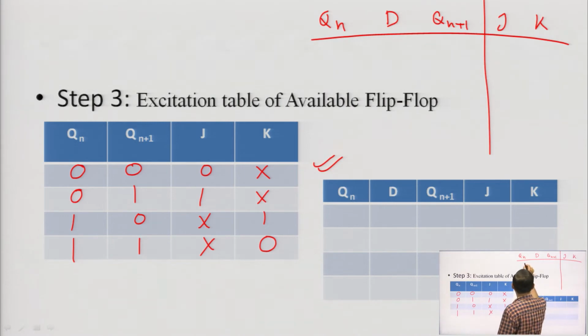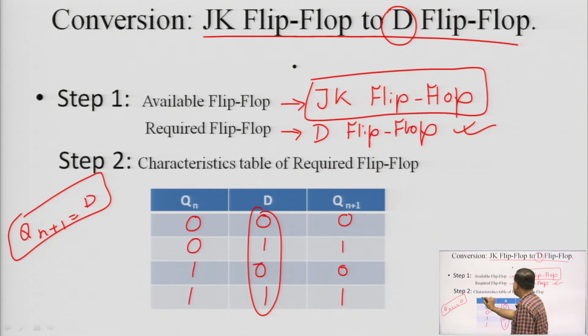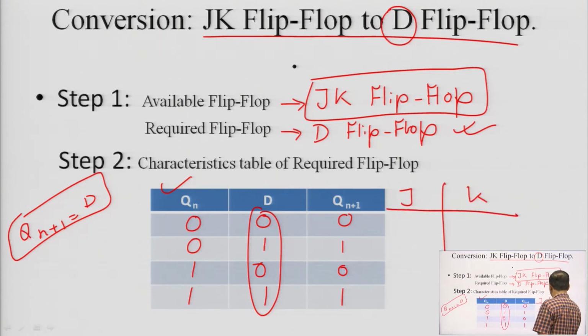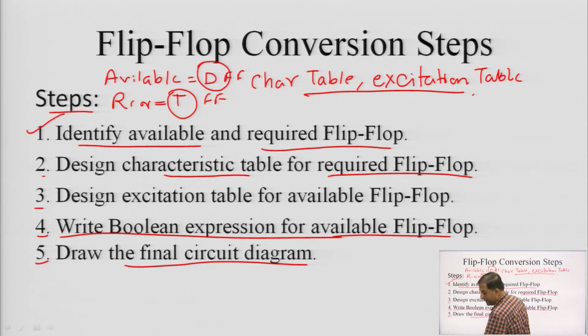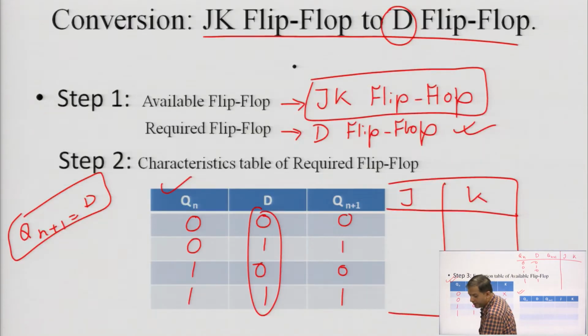So, we are having 0 0, 0 1, 1 0, 1 1. In the previous slide itself we got this, so this we have already got. So, now we are putting these two things together. Already we have written the excitation table here, so using the excitation table we are making this one.